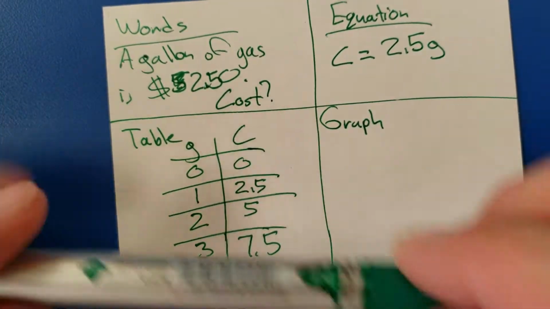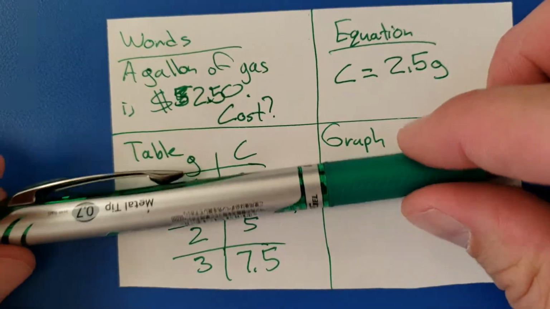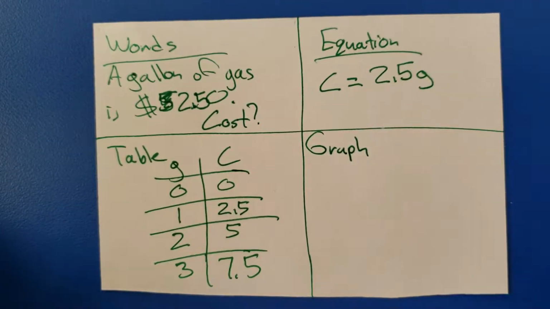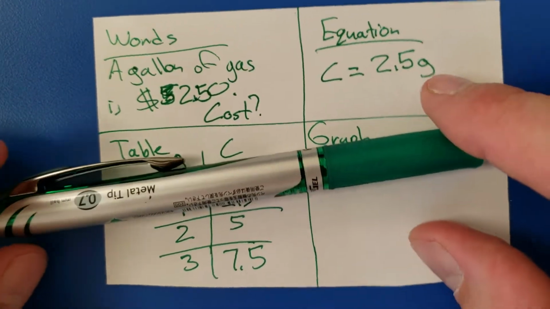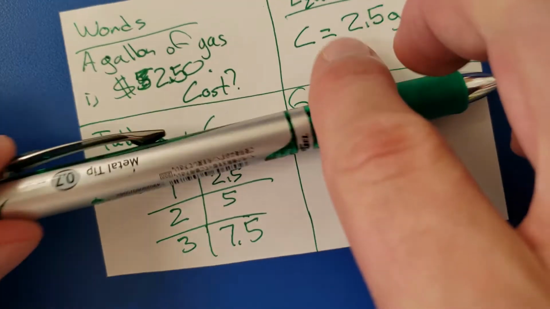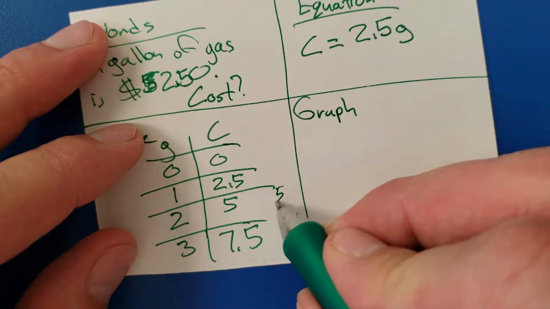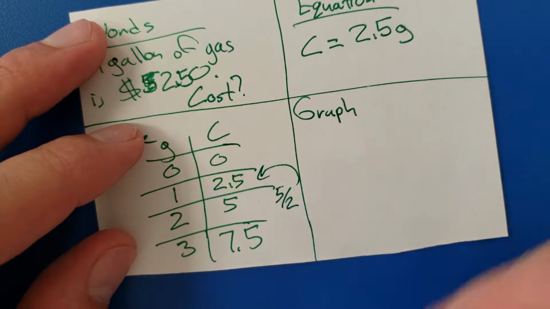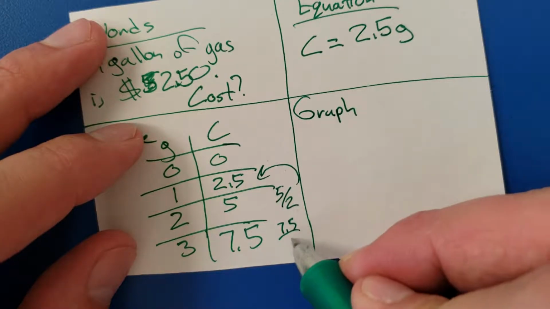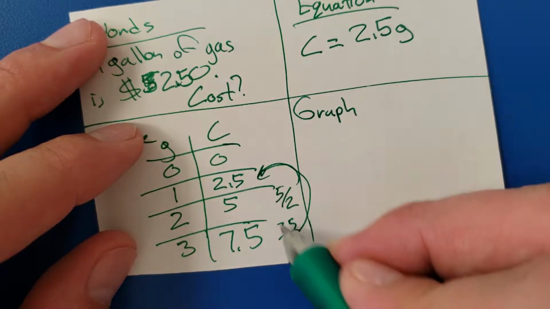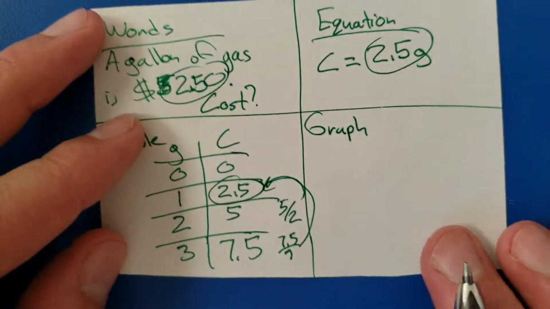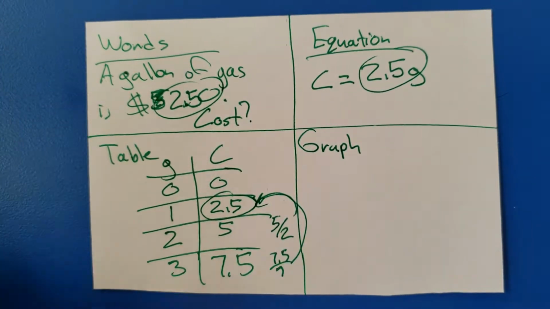Even if I didn't give you that number, it's pretty obvious where it says 1 and 2.5. If I covered those up, how could you find $2.50 from these math situations? Well, when I spent $5 on 2 gallons of gas, I got $2.50. When I spent $7.50 on 3 gallons of gas, I got $2.50. So the same number, this $2.50, shows up over and over and over again. You can't really hide from that number.